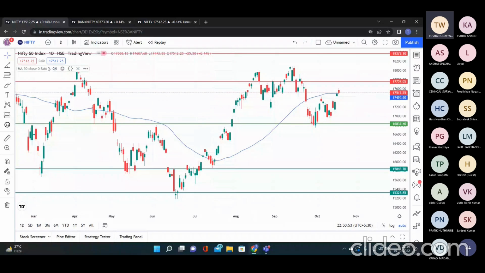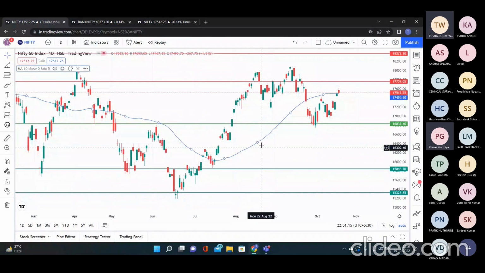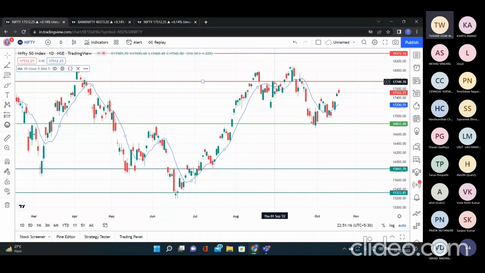And if you reduce the moving average size, like this is a 50-day moving average and you want to know about a 10-day time frame, you can change it by changing the settings, and we can change the length to 10 days. Now you can clearly see how the market is moving.